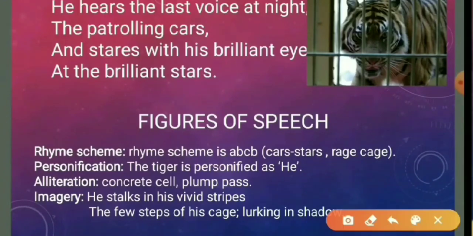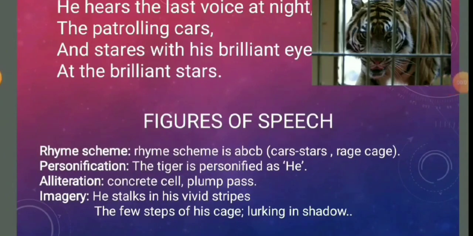You can see and stares with his brilliant eye at the brilliant stars. It is known here as enjambment. So this is about the poetic devices of this last stanza of this poem, The Tiger in the Zoo.